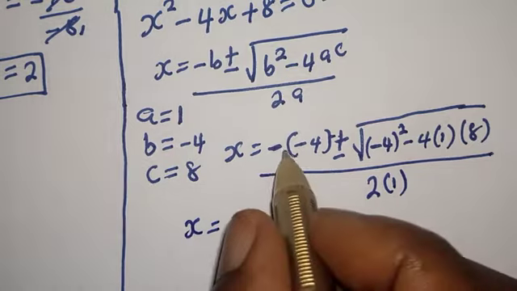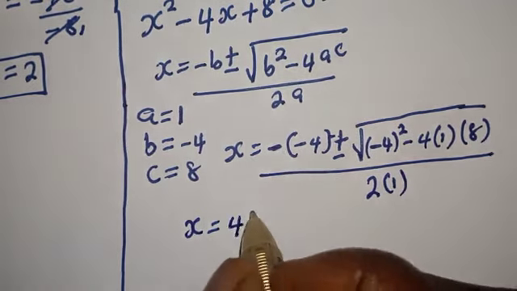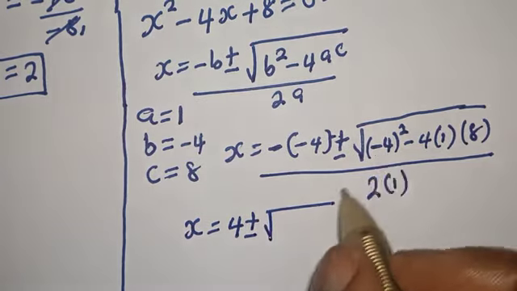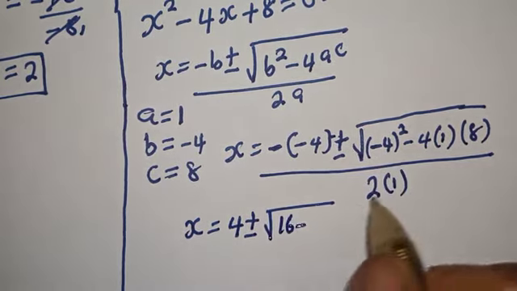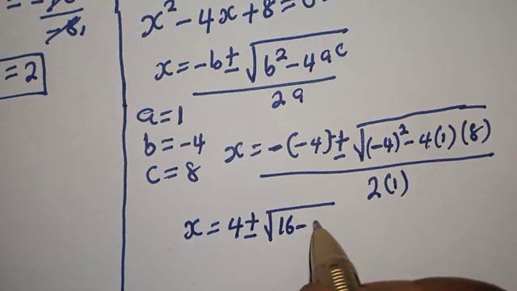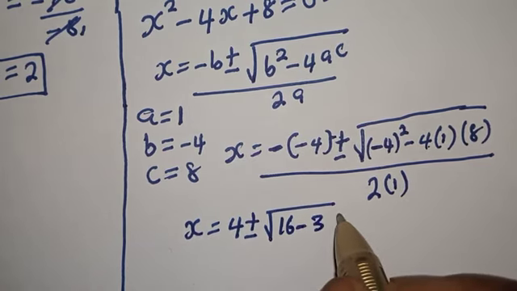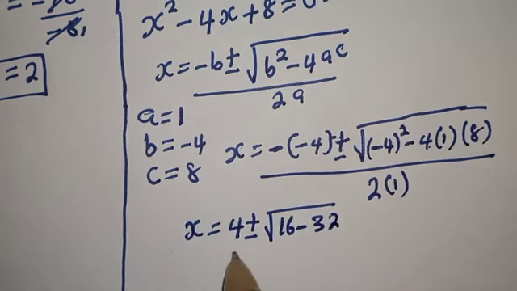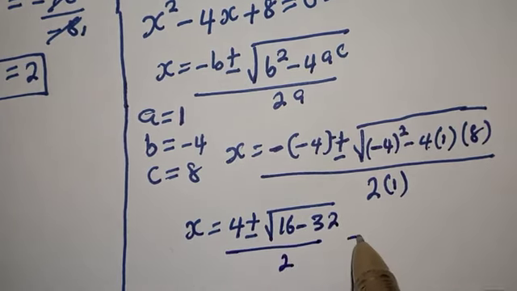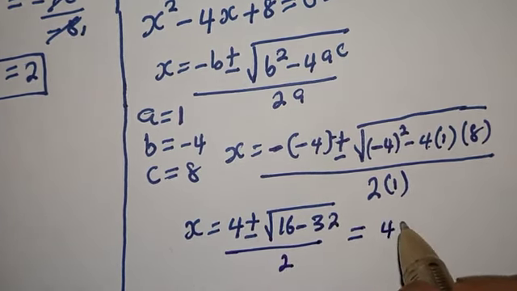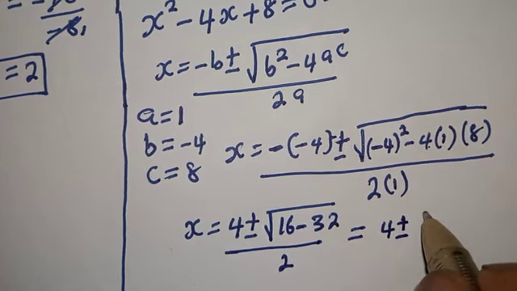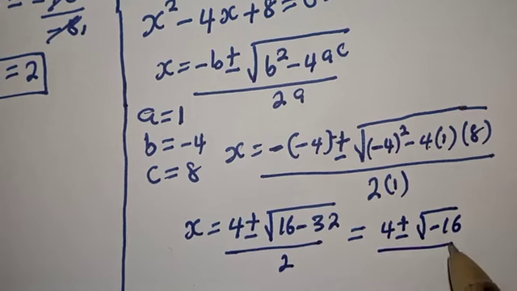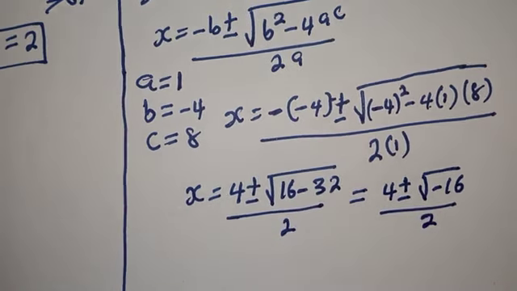s is equal to minus times minus 4, that is 4, plus or minus square root of (−4)^2, that is 16, minus 4 times 1 times 8, 32, over 2. This is equal to 4 plus or minus square root of −16, over 2.